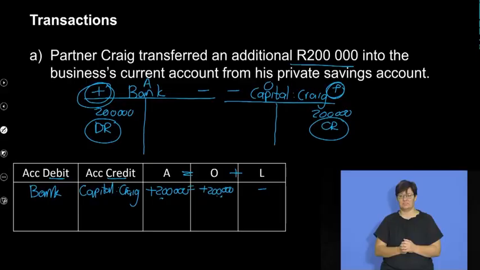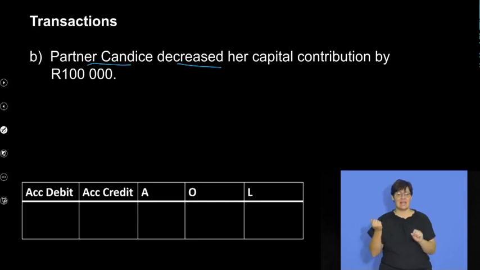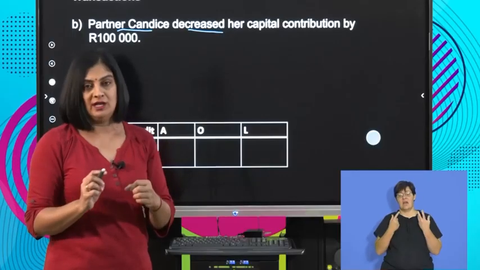Okay, right, let's move on to our next transaction. So the second transaction, we've got partner Candace decreased her capital contribution by 100,000 Rand. Right, so this particular transaction, once again, we're analyzing the impact it has on assets, owner's equity, or liability.